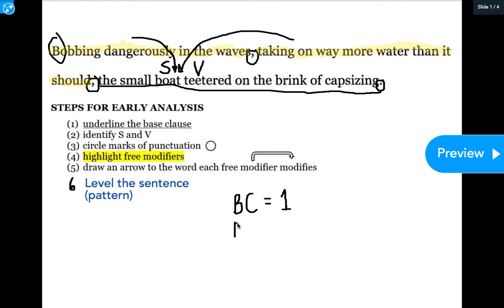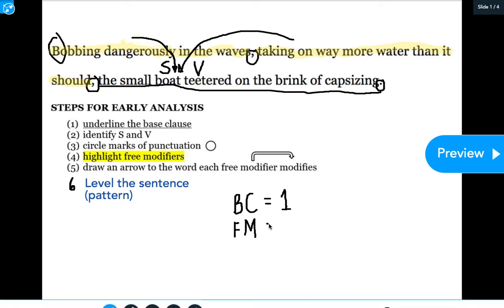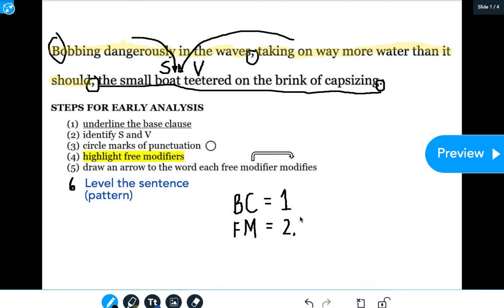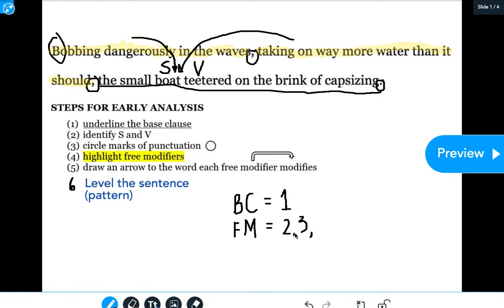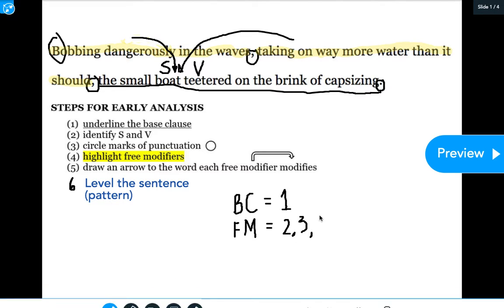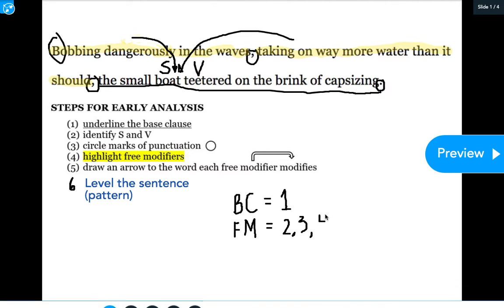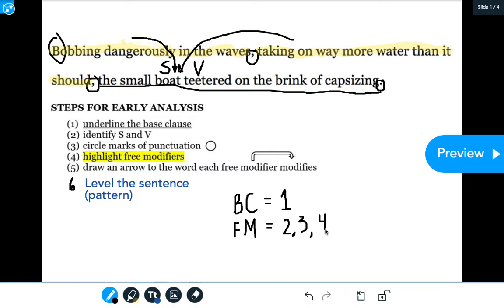Whereas free modifiers, they could be level 2 free modifiers, they might be level 3 free modifiers, that's a comma by the way, here's another comma. And maybe even like level 4s, though they're fairly rare.